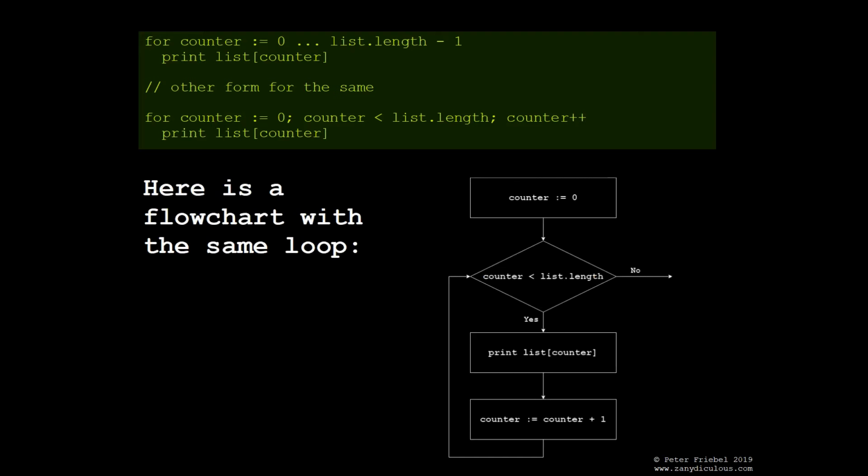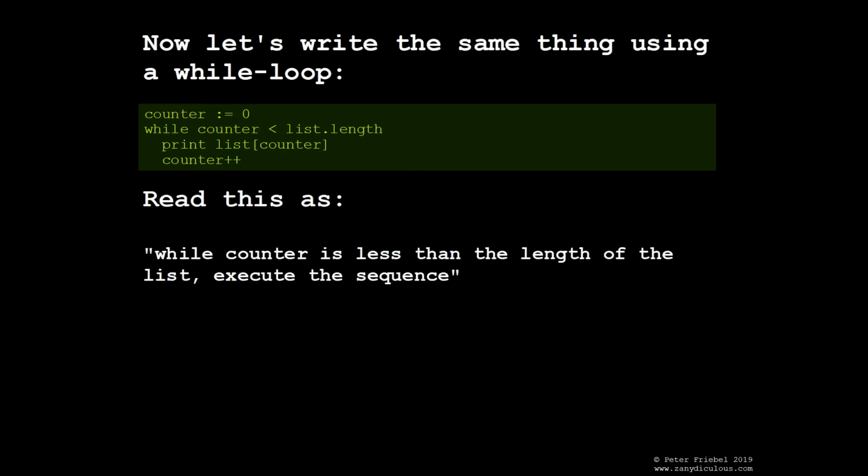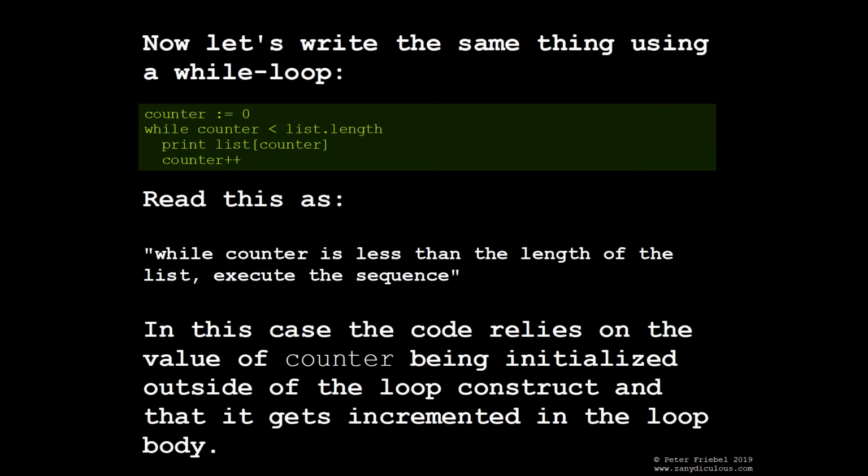Now here is the flowchart for the same loop. Now let's write the same thing using a while loop. Read this as: while counter is less than the length of the list, execute the sequence. In this case, the code relies on the value of counter being initialized outside of the loop construct, and that it gets incremented in the loop body.